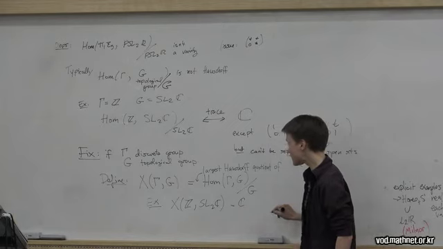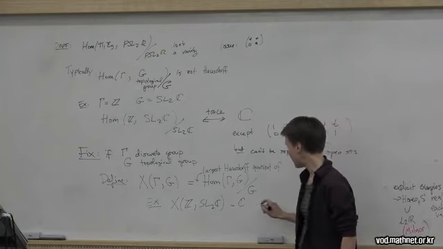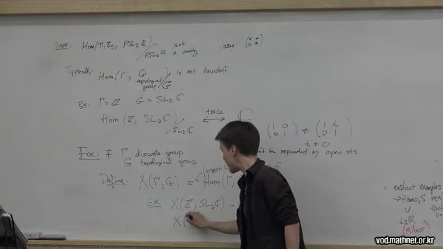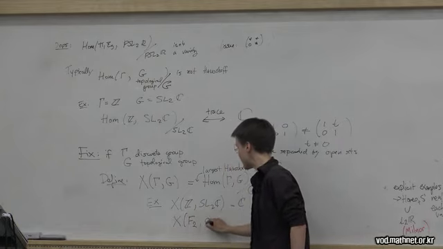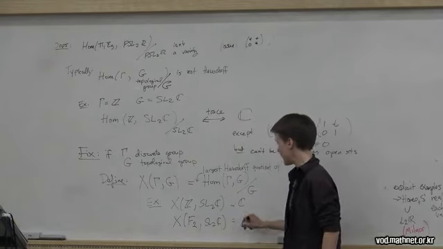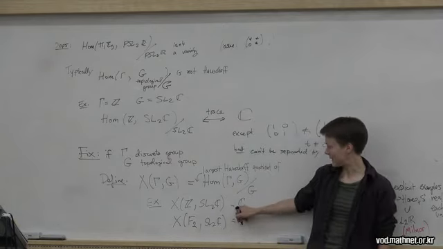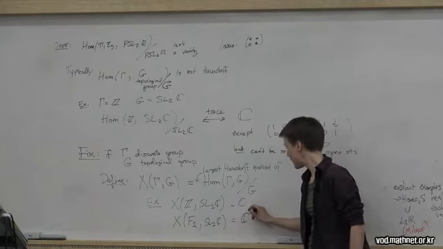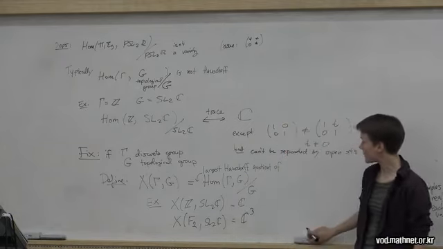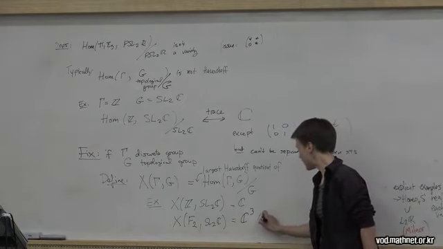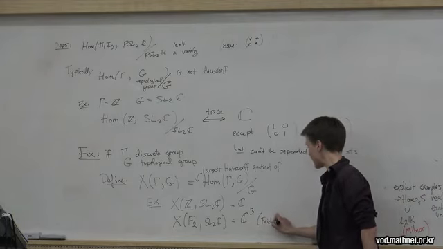And in general, here's an old example due to Fricke. If you look at representations of, say, a free group into SL2C instead, this is now an affine variety, if you like. This one is 3-dimensional complex space, studied by Fricke.